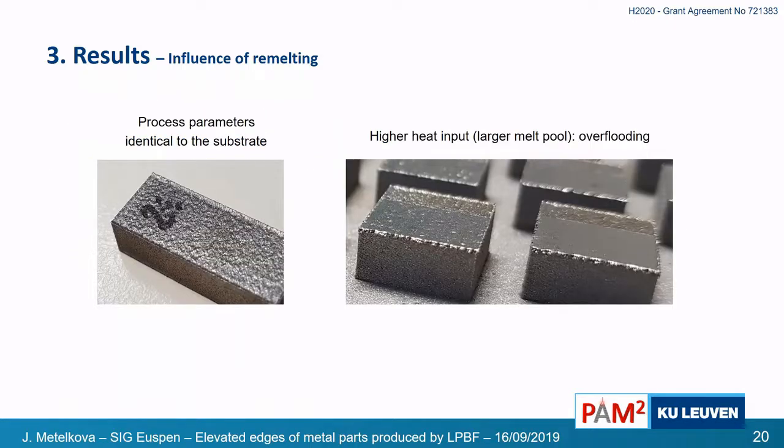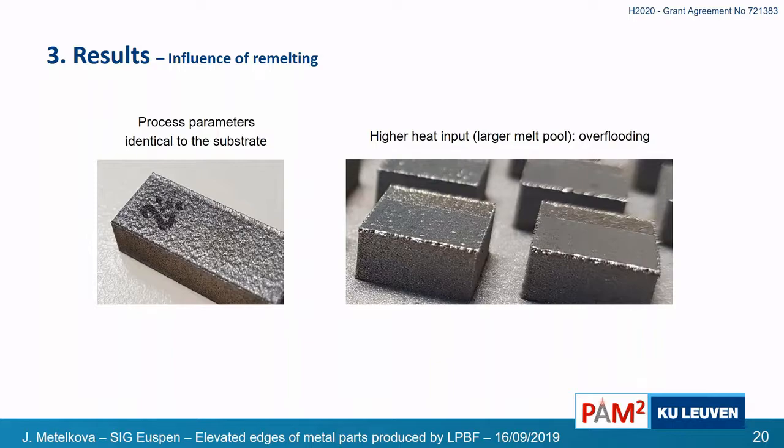And so I just want to point out that I was using exactly the same power, speed, and hatch spacing parameters as for the substrate, because this way you have only these elevated edges.